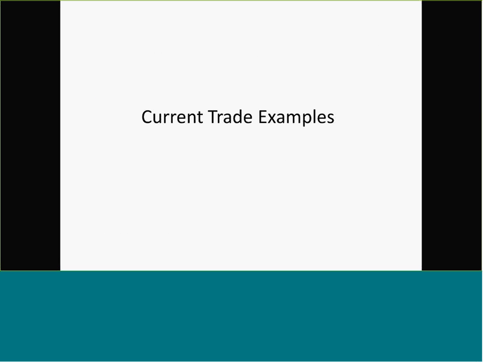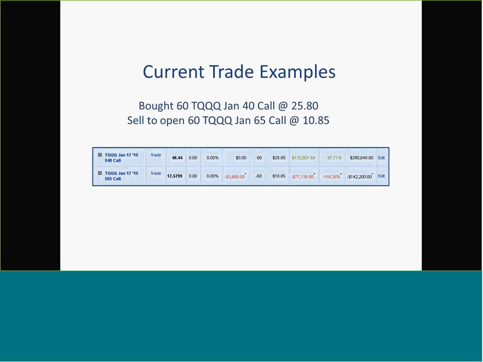So let's look at an example, a trade I have on now. This is for the triple Qs. This is a leveraged NASDAQ ETF, and this is a snapshot of a profit loss report for this spread.